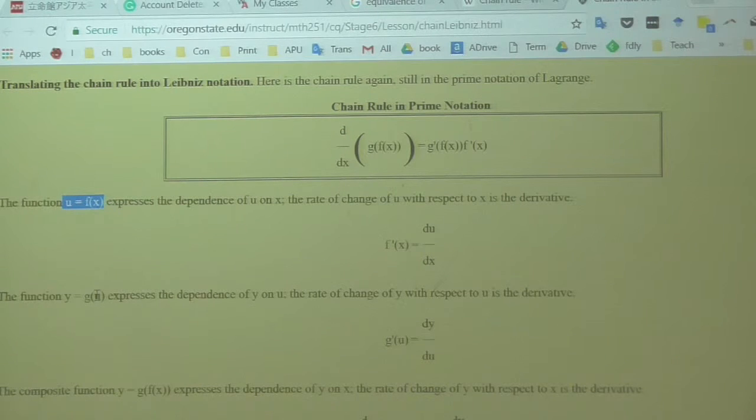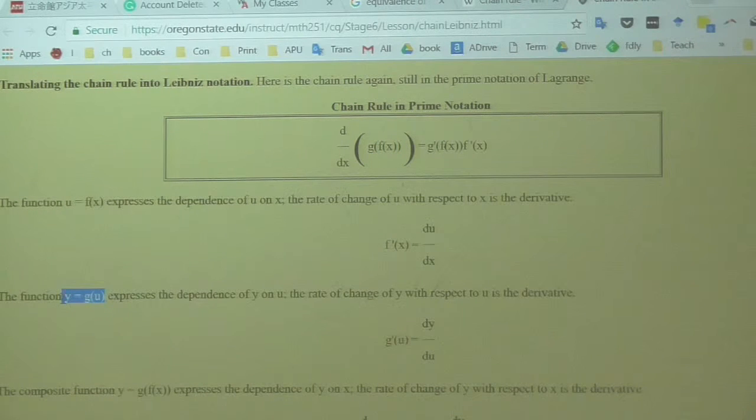This part is the part I got stuck on. The function y equals g of u, because u is equal to f of x, so this is g of u here, right? So g of u, which we'll call y, expresses the dependence of y on u, right?